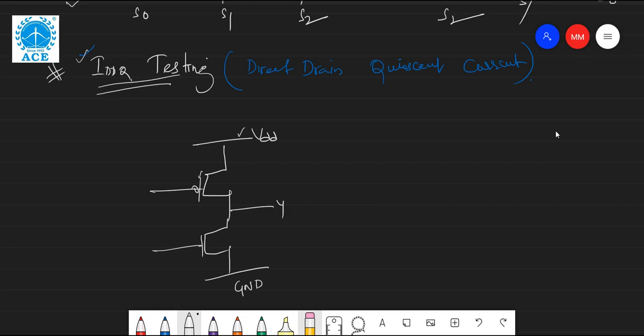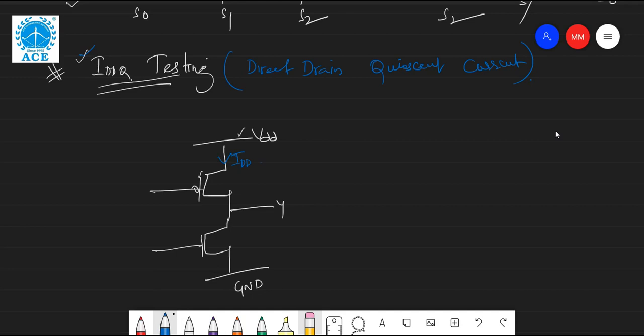So see here, when VDD is applied to a CMOS chip, the current IDD will flow like this.